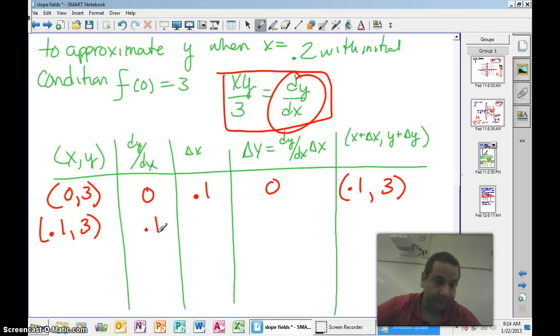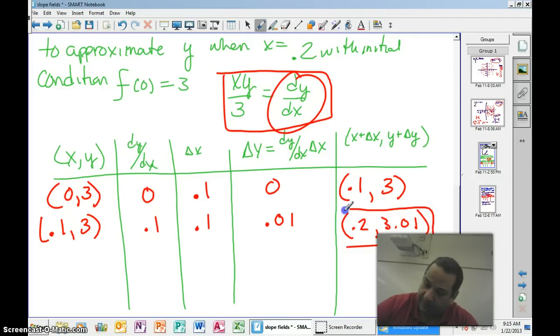It's better. Okay? And then here, delta x is still 0.1. That's the difference in x. All right? But now delta y is going to be this guy times this guy, which is 0.01. So now the new x will now become delta x, and x is 0.2, and the y will become y plus that, 3.01.